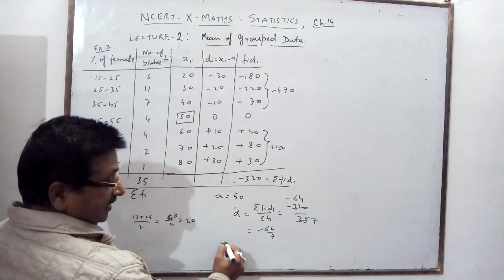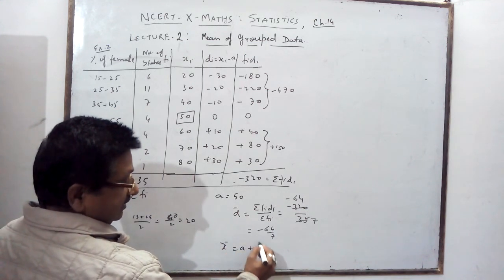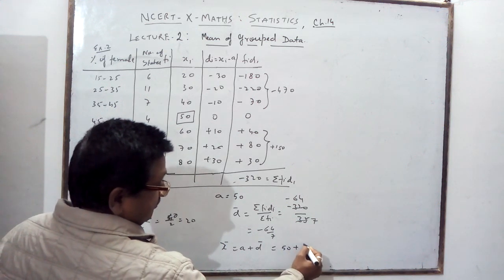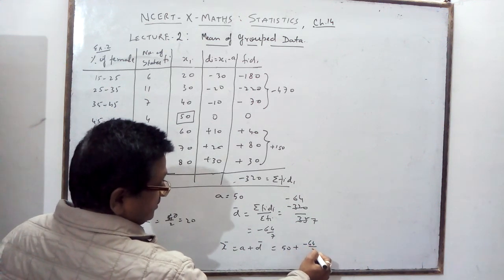So what is x bar? A plus d bar, that is 50 plus minus 64 by 7.